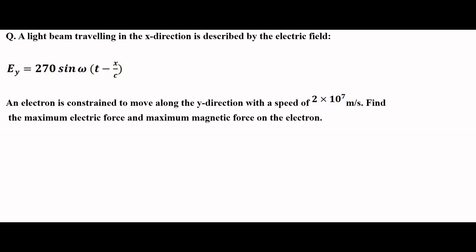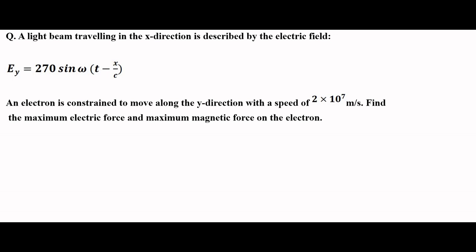So here is another question on properties of electromagnetic waves. It is given that a light beam traveling in the x direction is described by its electric field which is along the y-axis, expressed as Ey equals 270 sine omega t minus x by c.